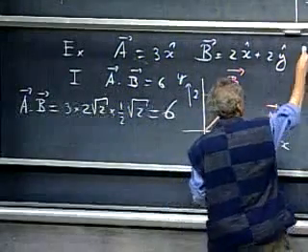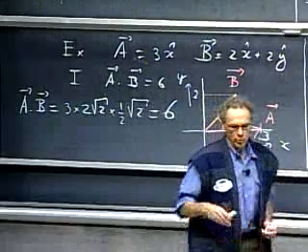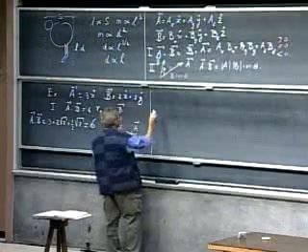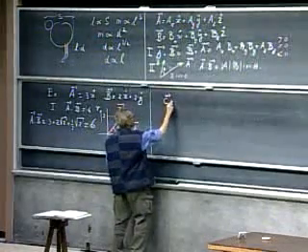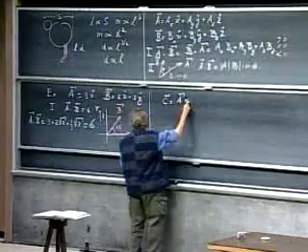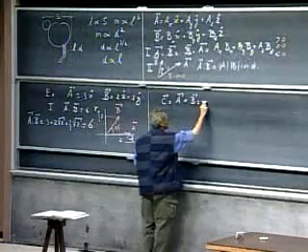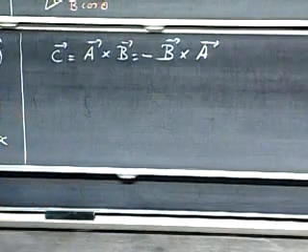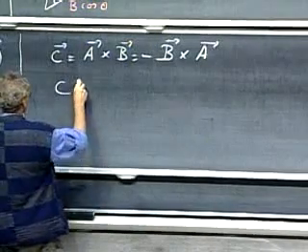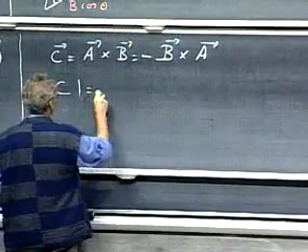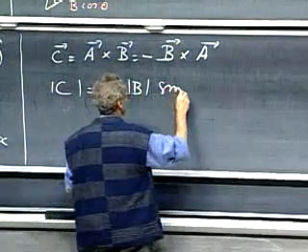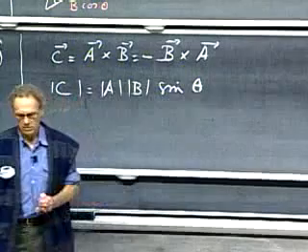On cross products, I don't want to go through the formalism of cross products the way we did that with the determinant. I just want to remind you that if you have a cross product of two vectors, A cross B equals C, that is minus B cross A, and that the magnitude of C is the length of A times the length of B times the sine of the angle between them.